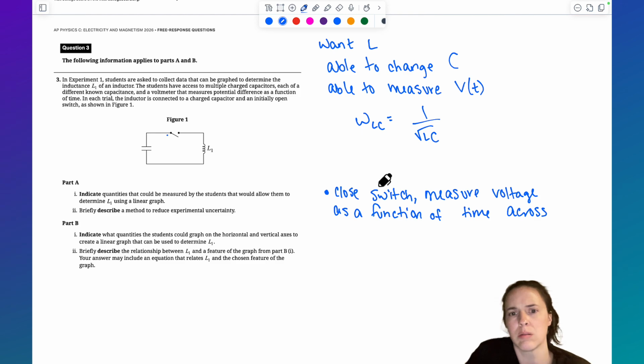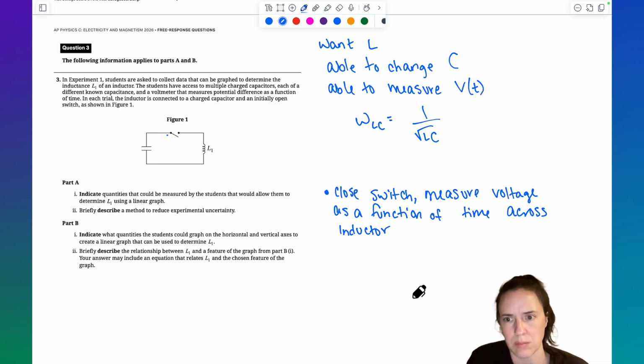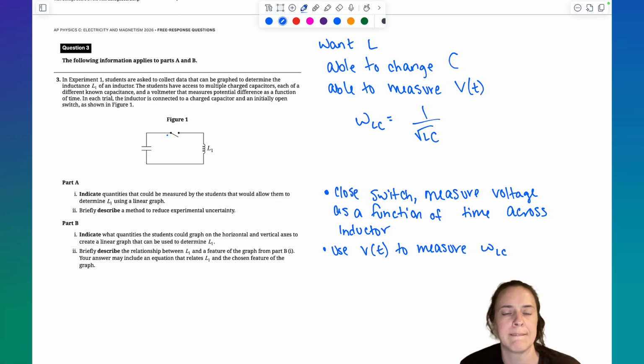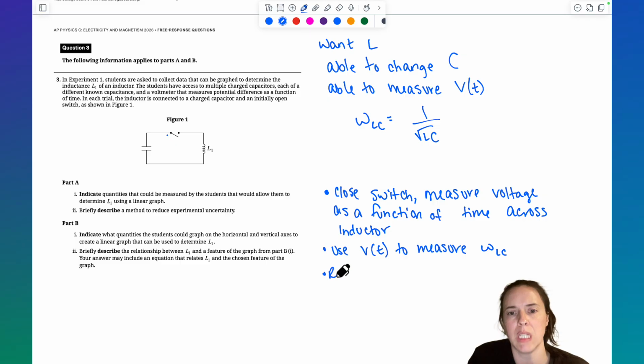It doesn't really matter. We'll say inductor, sure. Across the inductor. And then we're going to use that voltage to measure the oscillation frequency, omega LC. Then we're going to repeat for different capacitors.